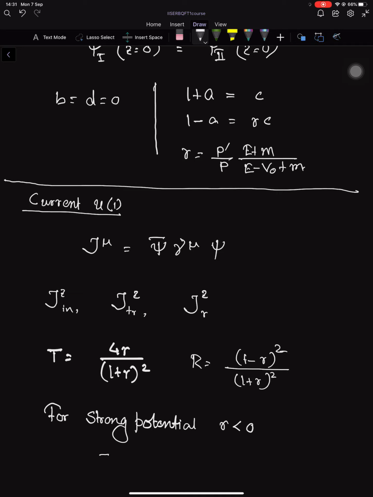This implies that capital R is greater than 1 and capital T is less than 0.